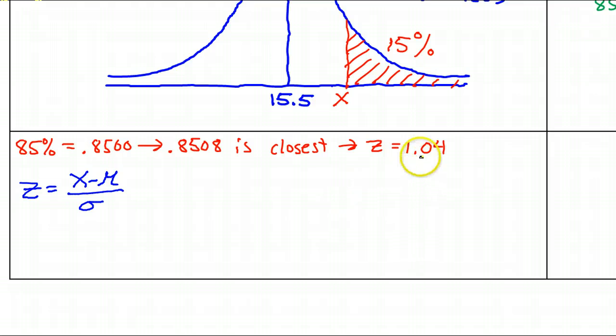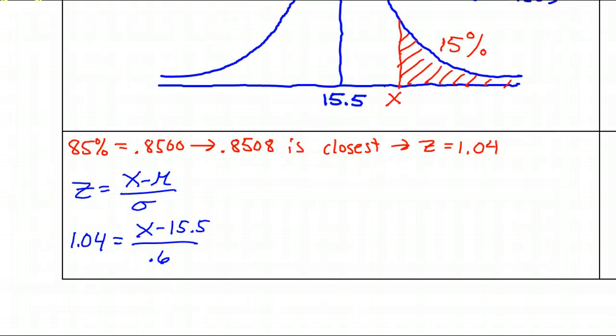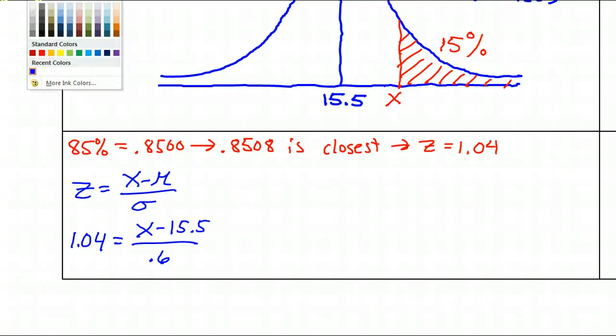In this case, I know the z-score, so that goes here. So 1.04 is equal to x minus the mean, which is 15.5, divided by the standard deviation, which is 0.6. So I should be able to solve this for that x value without too much trouble.